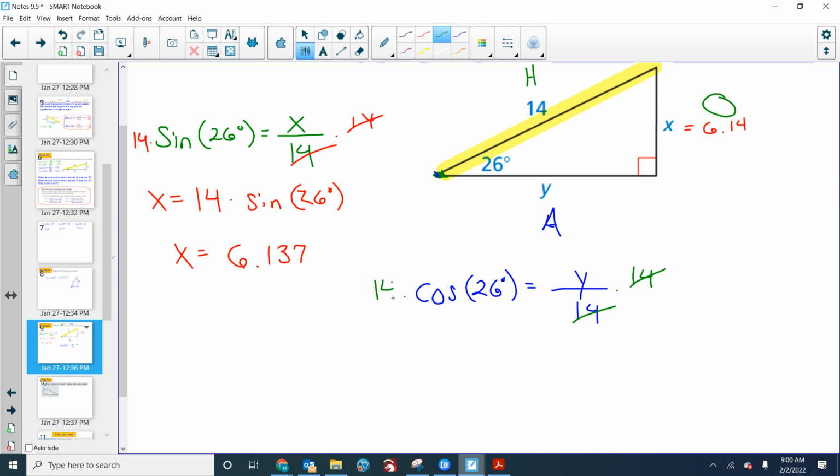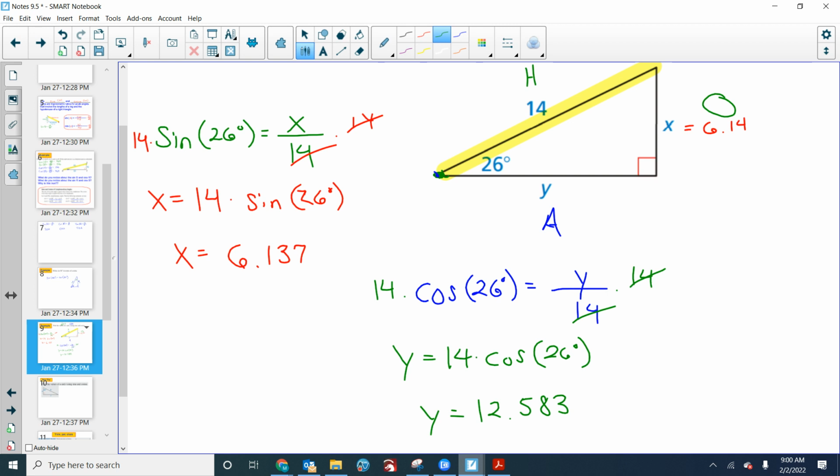Y equals 14 times the cosine of 26 degrees. 14 times the cosine. That's what I got. 12.583.